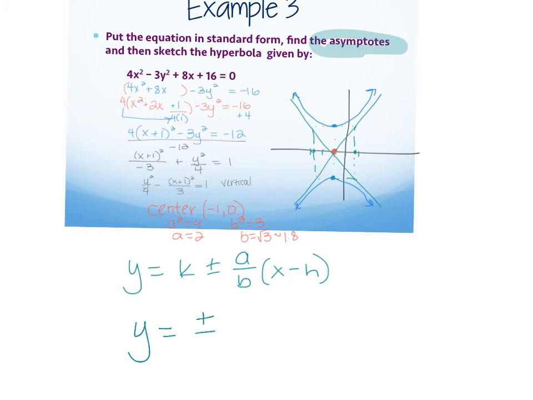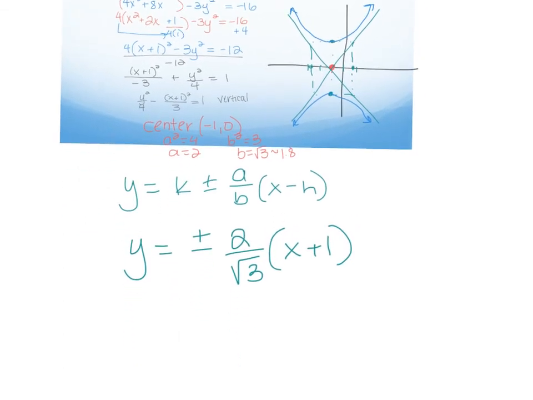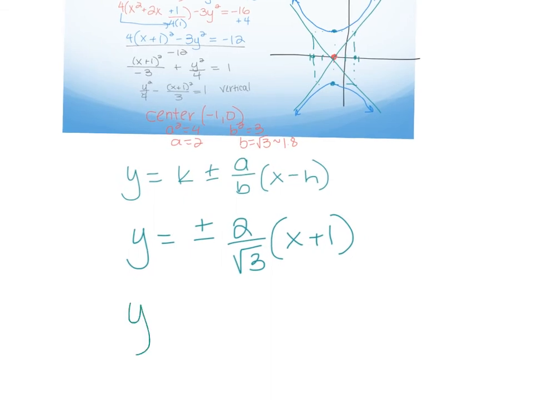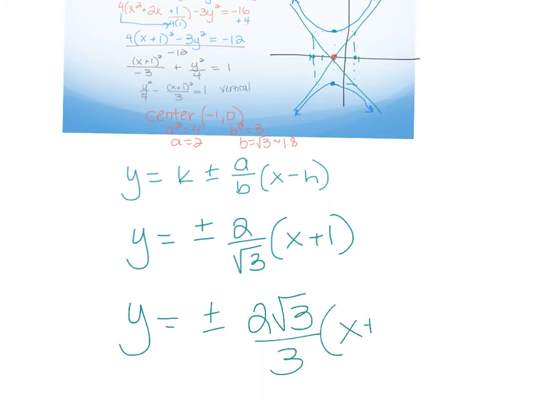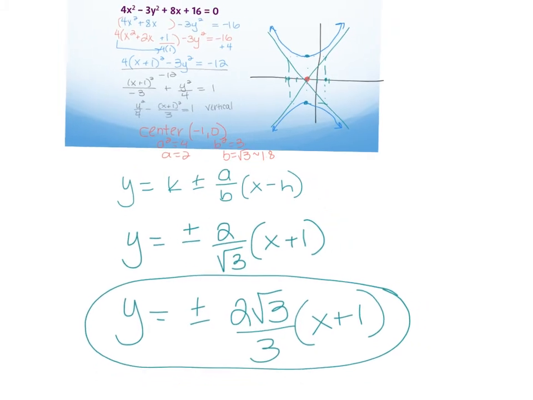Plus or minus the a, which is 2, b is root 3, and then x minus h. H was negative 1, so this becomes a plus 1. And you can't leave an irrational number in the denominator, so I do 2 root 3 over 3. That's my asymptote.